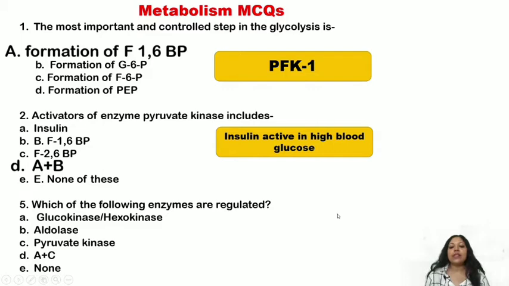But if you have studied glycolysis, you can say that these all are enzymes of glycolysis. Okay. So when we were studying glycolysis, we studied that hexokinase and pyruvate kinase, these two are regulatory enzymes of glycolysis, correct?